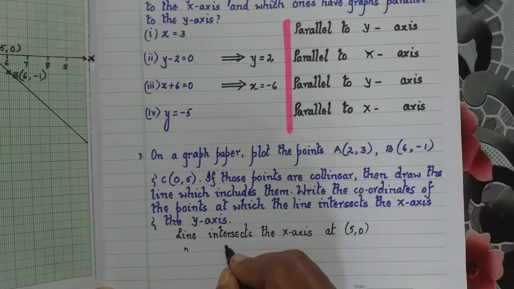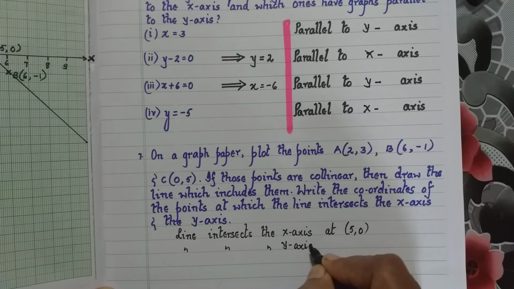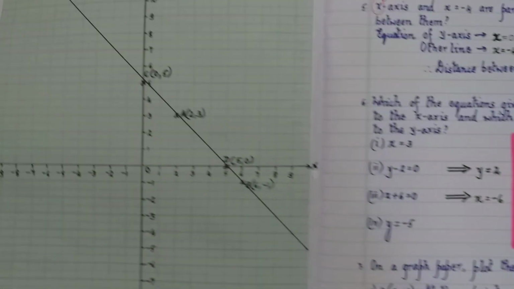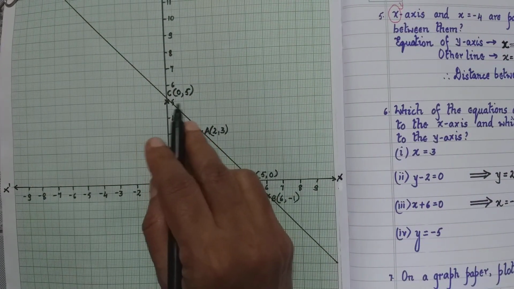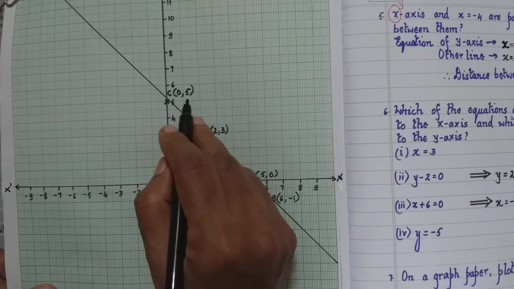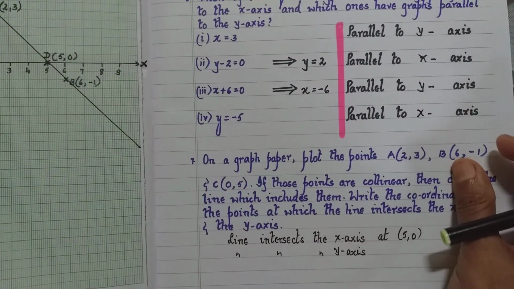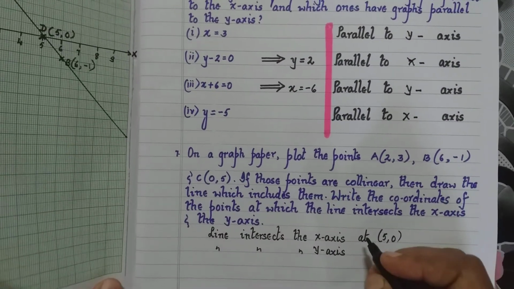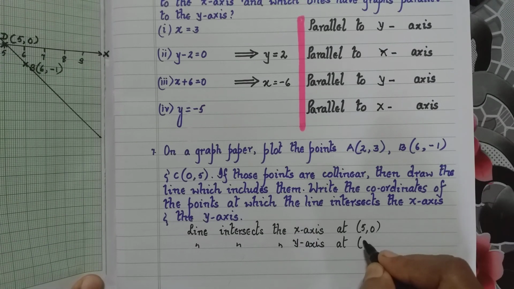Same way, the line intersects now the y-axis. Y-axis we said it was already at the point given. Which point? C 0, 5. We don't have to write C because they just want the coordinates. So we write here at 0, 5.